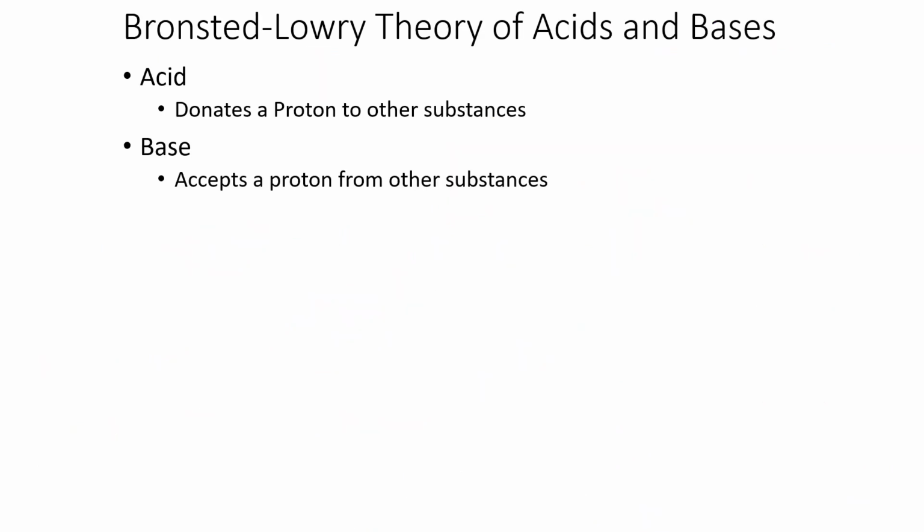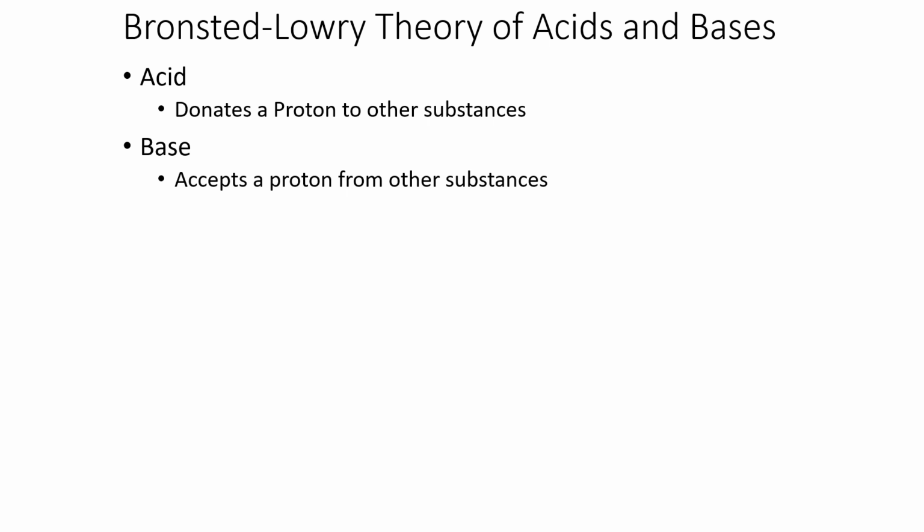And that's going to bring us to the definition that we're going to be using in Chem 12, and that's the Bronsted-Lowry theory of acids and bases. It's just a different way of looking at what an acid is and what a base is. So the Arrhenius theory says that acids produce H plus and bases produce OH minus.